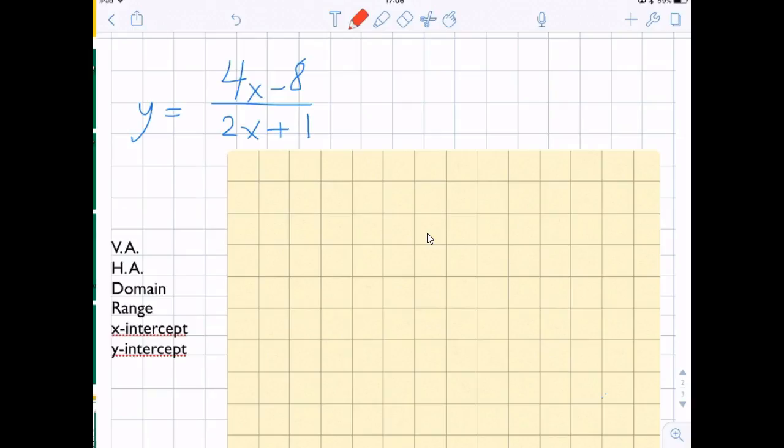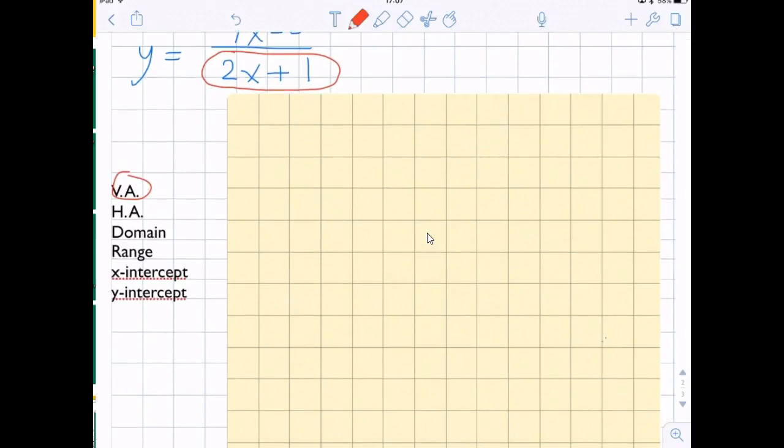There is, however, a division by a variable expression which has an x in it. So I can suspect that the vertical asymptote is going to occur because in the denominator here, we have an x in it. So does that denominator ever become an illegal value, which is 0?